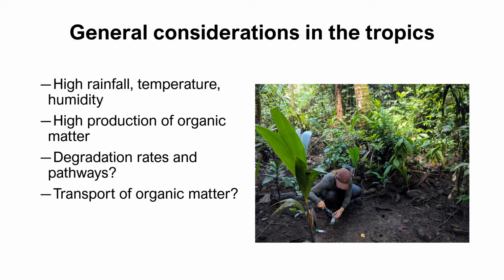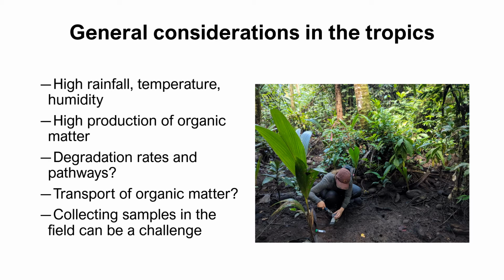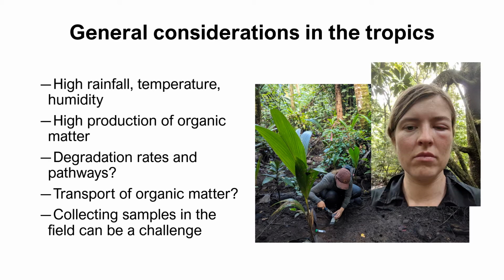Thinking again about this type of environment, the timescales of organic matter transport are a little bit shorter because stuff is more readily consumed or degraded at the surface. All of these things can make collecting samples and interpreting samples in the field quite challenging. This is me in a mangrove, really sweaty and grumpy because a mosquito bit my eye. Good times.